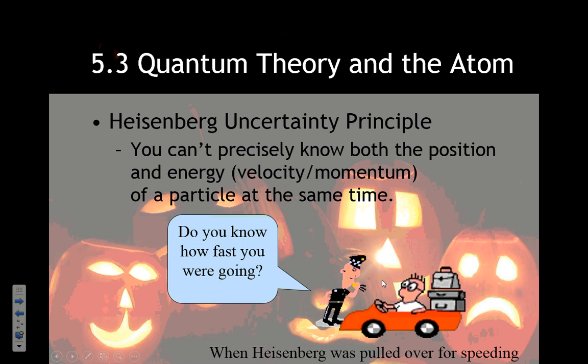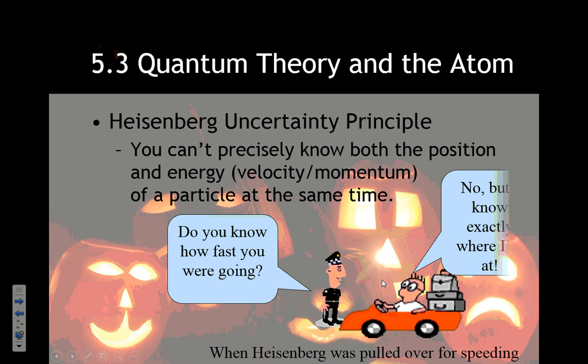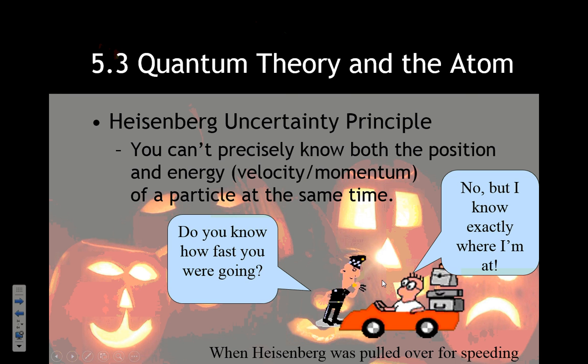Now, momentum is directly proportional to velocity and energy, so we talk about it from an energy point of view of a particle at the same time. So what he fundamentally said is you're looking for two things you can't precisely know. And then scientists wasted a whole bunch of time trying to prove him wrong. Well, he wasn't wrong.